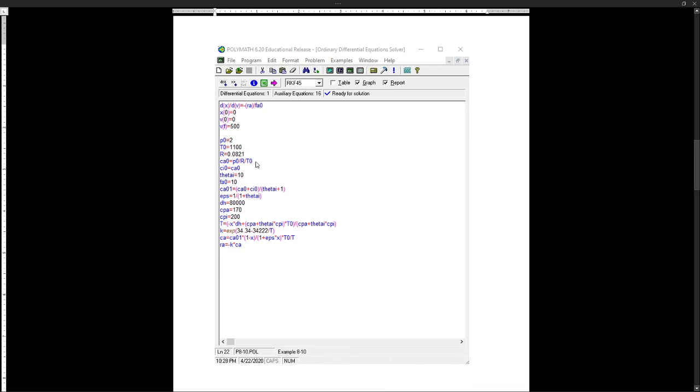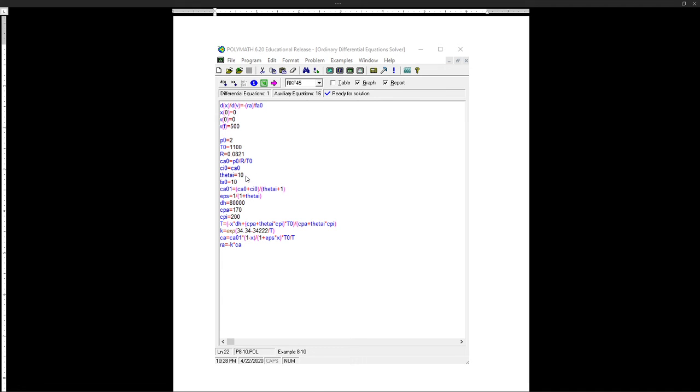Initials are right here again, and for this case C inert initial is also going to equal the C of A initial, and theta I right here is what we're actually changing.